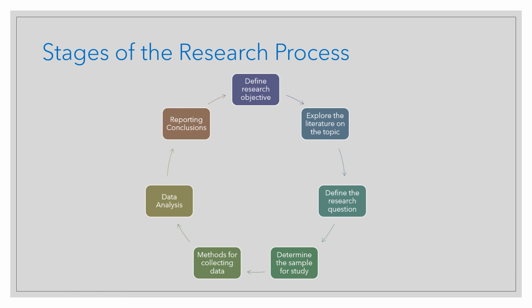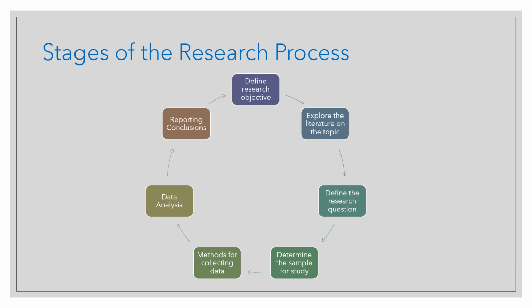If we discover that there's a gap or that our specific question is not being answered in the academic literature, then we will design our own research to begin to try to answer our question.